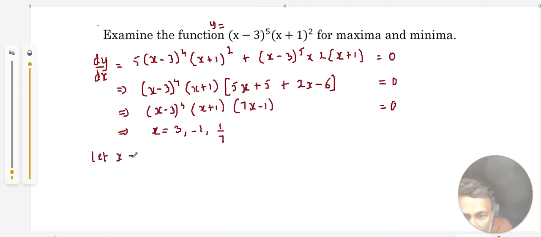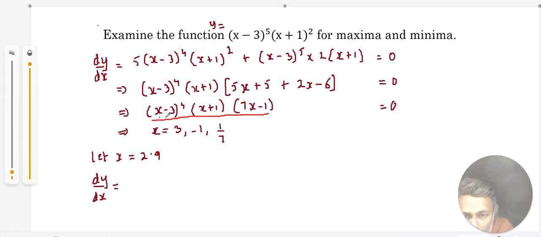Let x be imagined as, say, 2.9. Then dy by dx will become equal to, put that value that you have assumed in this place.